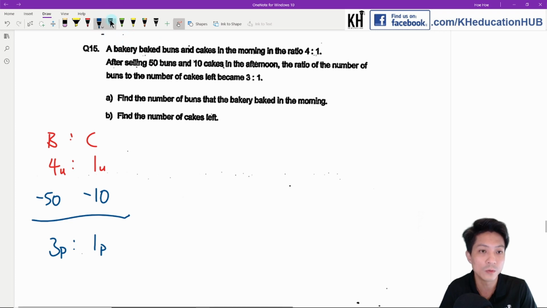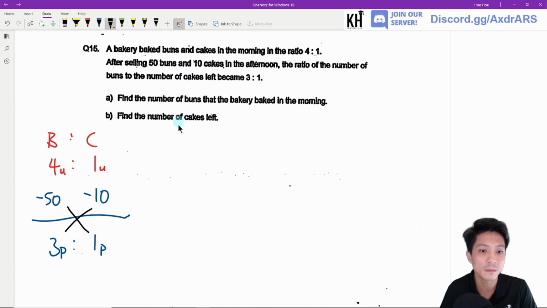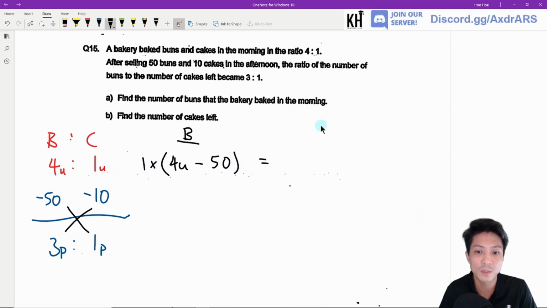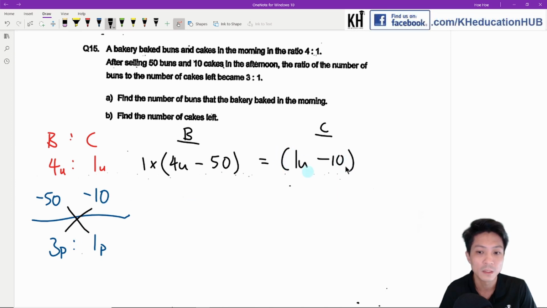So what you need to do is the cross multiplying. For the buns, 4 units minus 50, you need to multiply it by 1. Just going to write it down. It's going to be equal to, for the cake, 1 unit minus 10, and you need to multiply this by 3.